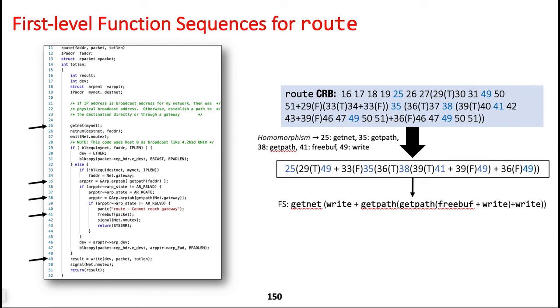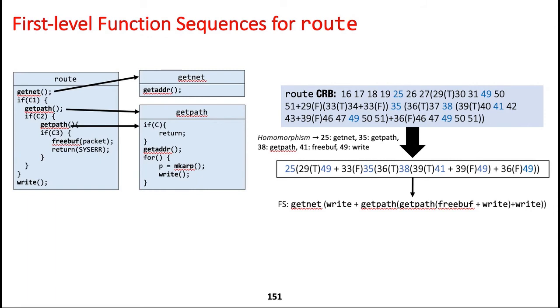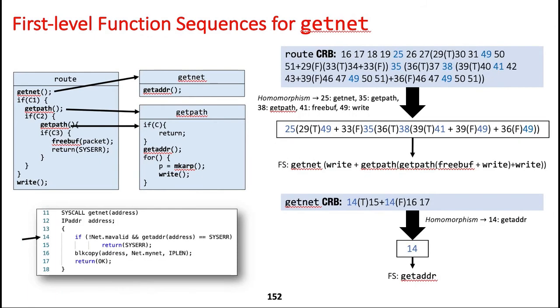So here we are computing the first level function sequence for route. Then we have the first level function sequence for getAddr.